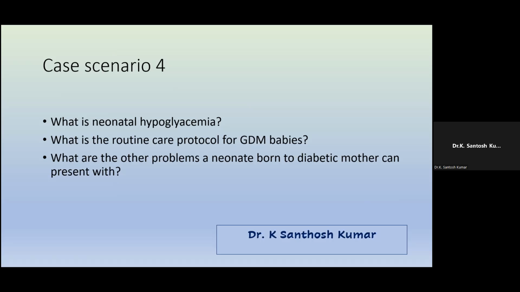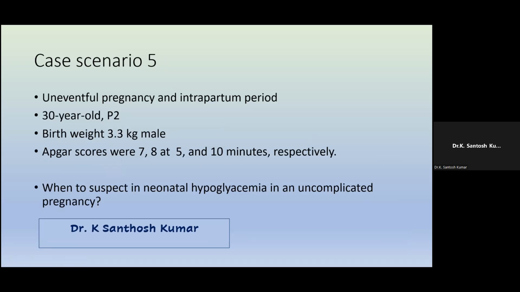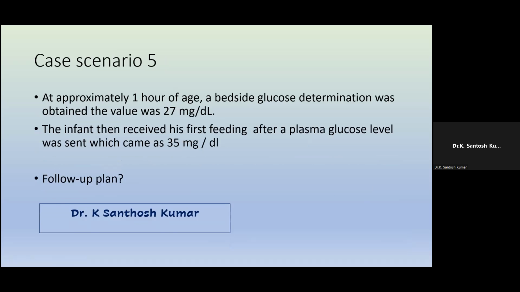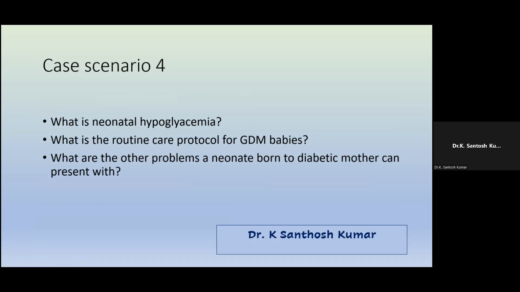Fetal hyperinsulinism causes macrosomia. Macrosomia leads to a state of chronic hypoxia. Because of this chronic hypoxia, the baby starts producing erythropoietin, which increases bone marrow production of cell lines, leading to polycythemia.